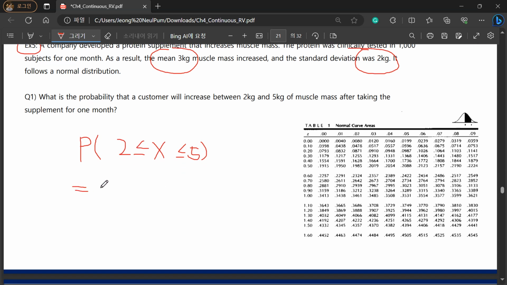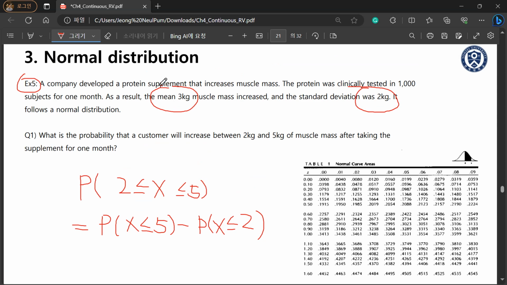As you already know, it is the difference between two pnorm functions: the probability when x is less than or equal to 5 minus the probability when x is less than or equal to 2, where x follows the normal distribution with this mean and standard deviation.